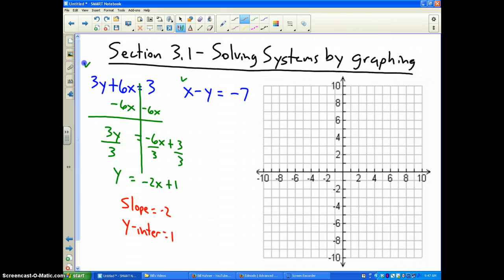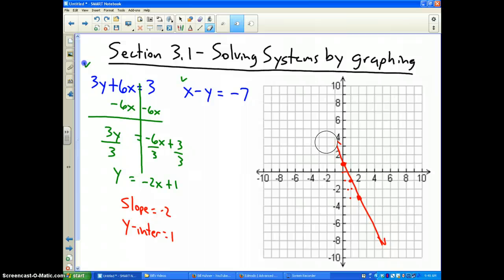And so that's what I'm going to graph. My y-intercept is 1, put that here, and my slope is negative 2. So I'll go down 2 and over 1, fill that dot in, and down 2 roughly, and over 1, fill that dot in there. It's a little more difficult on the smartboard, but there is my graph of my equation.